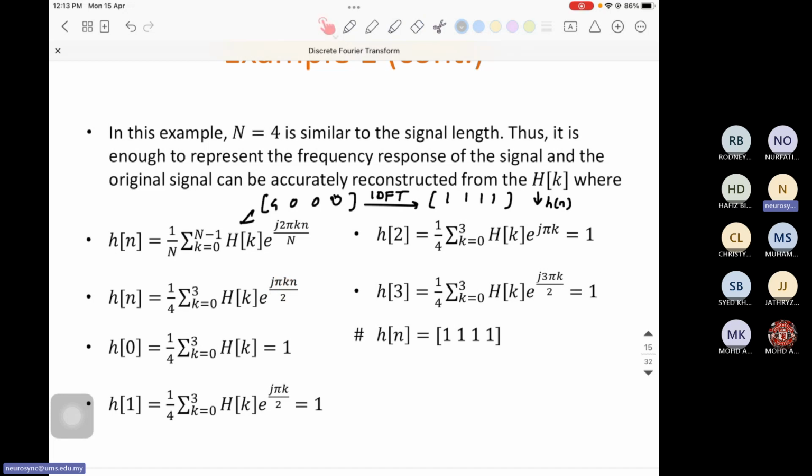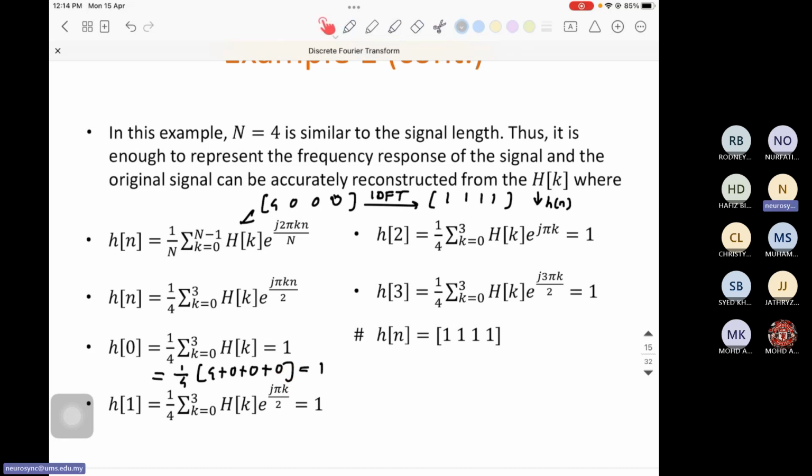If I put n equal to 0 here, this term will be 1. So this is the summation of H of k, which is 4 plus 0 plus 0 plus 0. So 4 by 4, you will get 1.